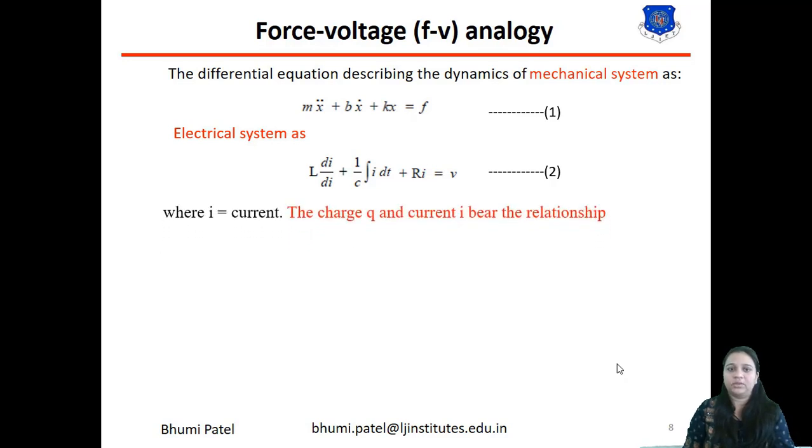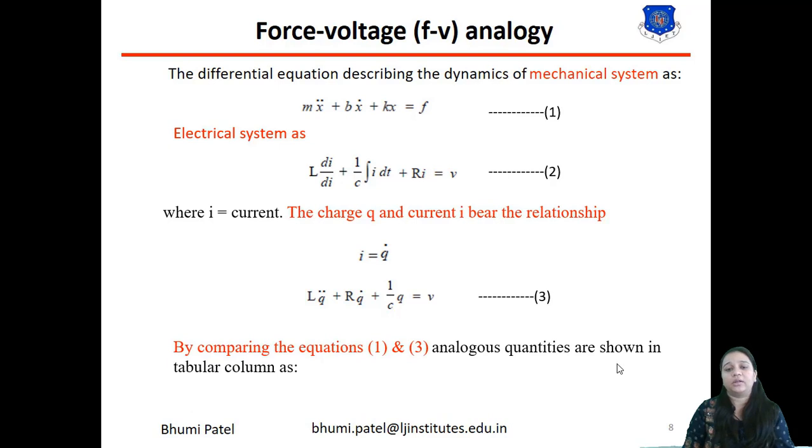Now, where i is current, the charge Q and the current i have a relationship: i is equal to Q dash. So, simplify and rewrite equation number 2. Equation 2 will become L Q double dot plus R Q dot plus 1 by C Q is equal to V.